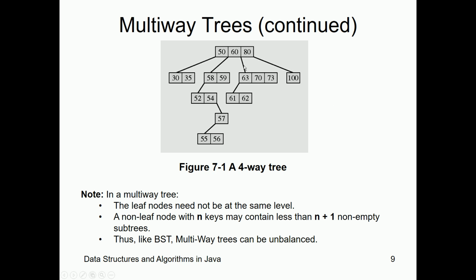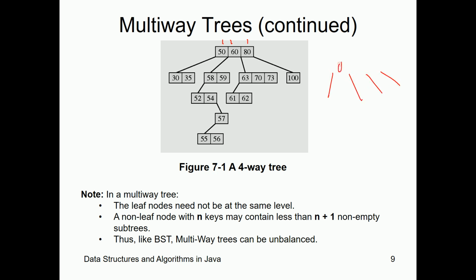So when we have m equal to 4, the maximum number of values that I can have in each node is 3. Because I said 4 children at max, that means each node can have a maximum of 4 children.